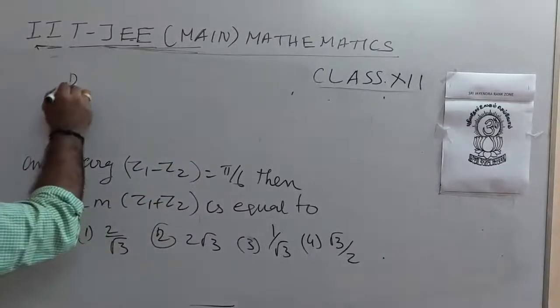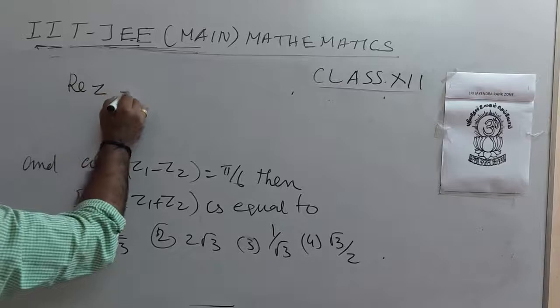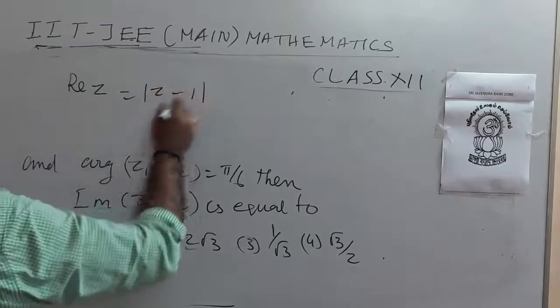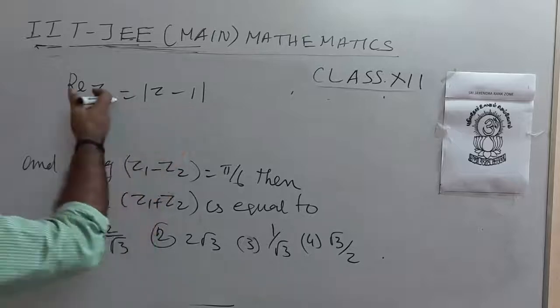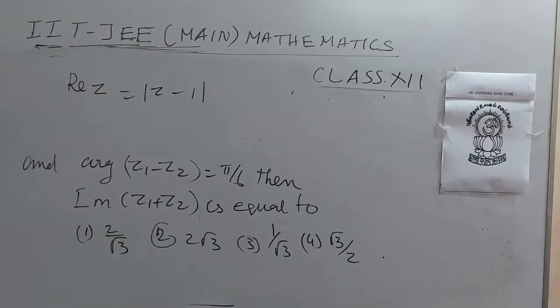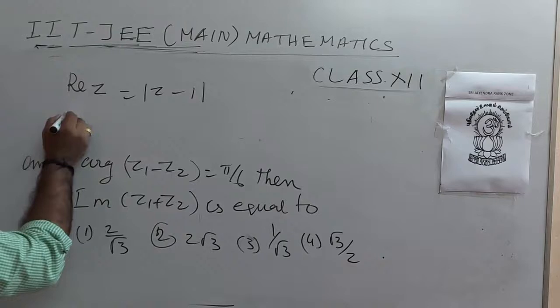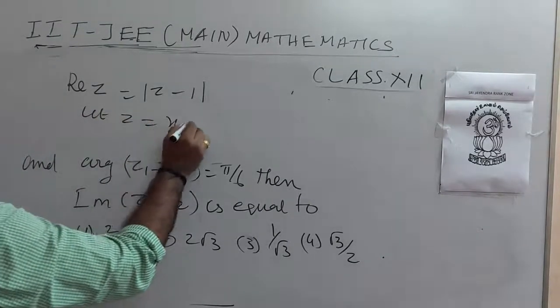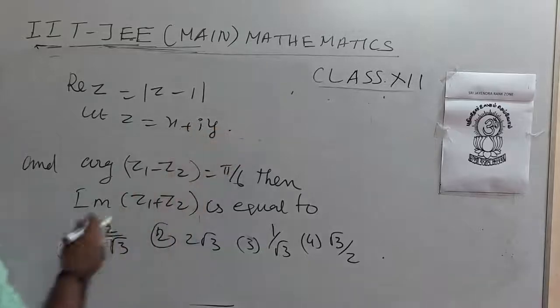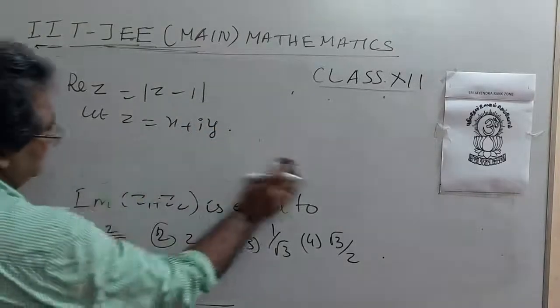So take real z equal to modulus of z minus 1. Real z1 equal to modulus of z1 minus 1. So let z equal to x plus iy.